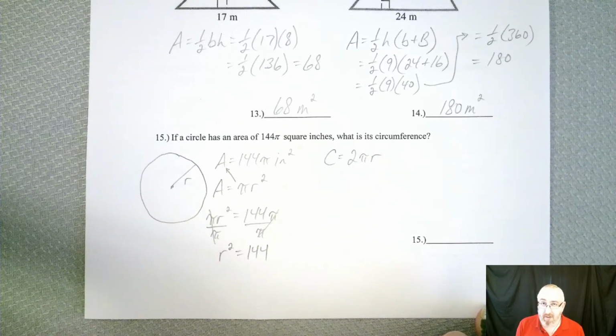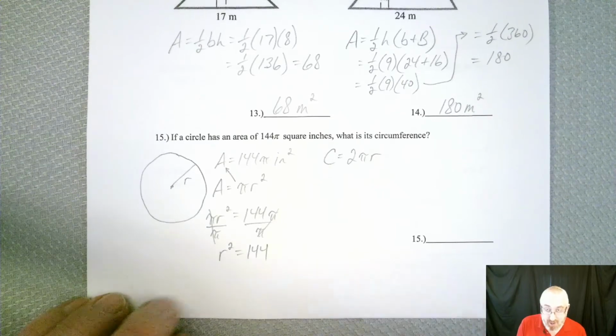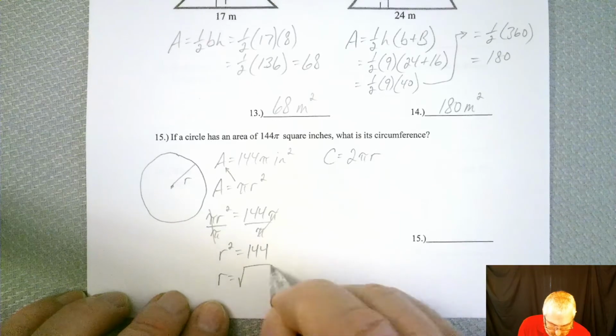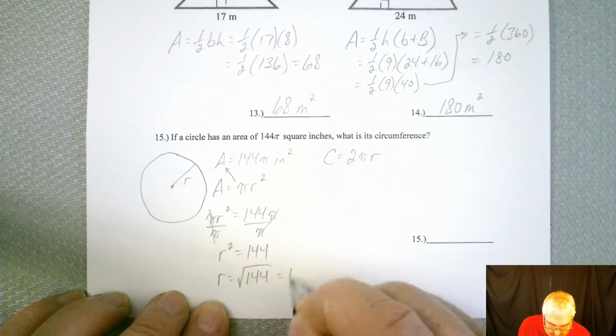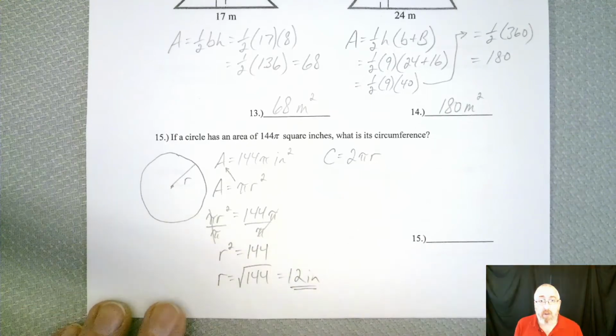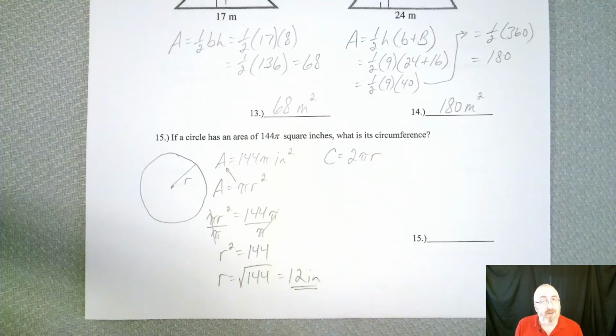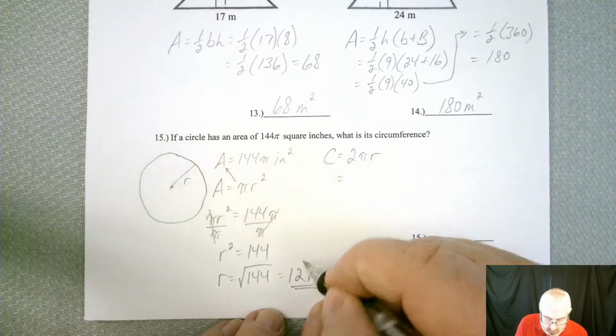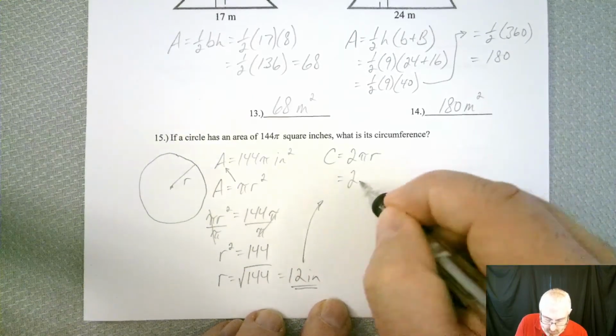How do we solve that? Hopefully you're screaming square roots, because that's exactly what you have to do. So we know that the radius is 12 inches, so now we can plug that in up here. So we'll plug that in up there. So we have 2 pi r.